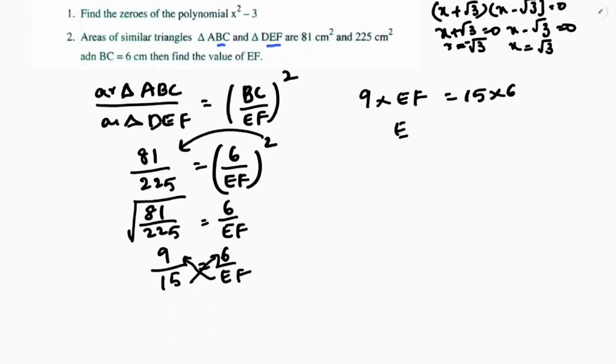So EF equals 15 into 6 by 9. 3 times 3, 3 times 2, 3 times 1, 3 times 5. So EF equals 10 centimeters. So the corresponding side EF is 10 centimeters.